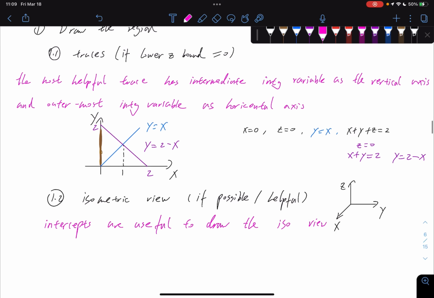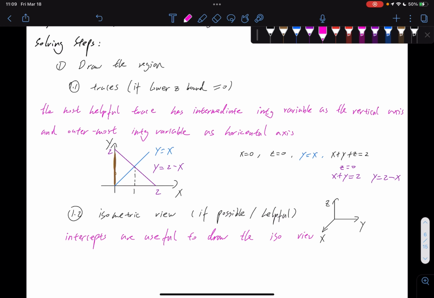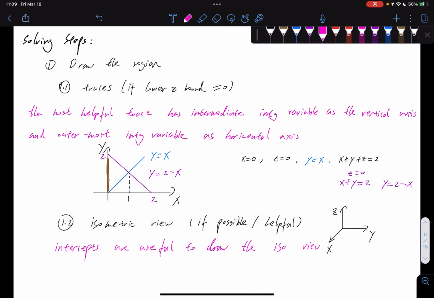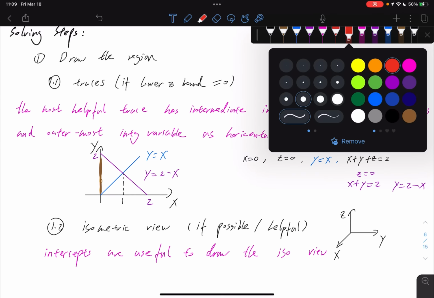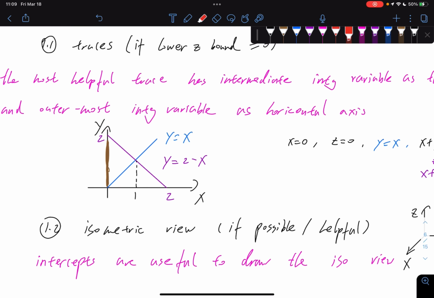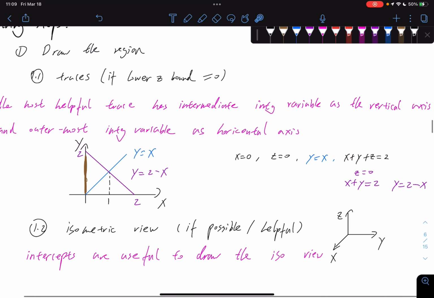All right. But today, let's just go back to 1.1, trace region 1.1. If you look at the drawing that we have here, the region is bounded by x equals 0, y equals x, and y equals 2 minus x.